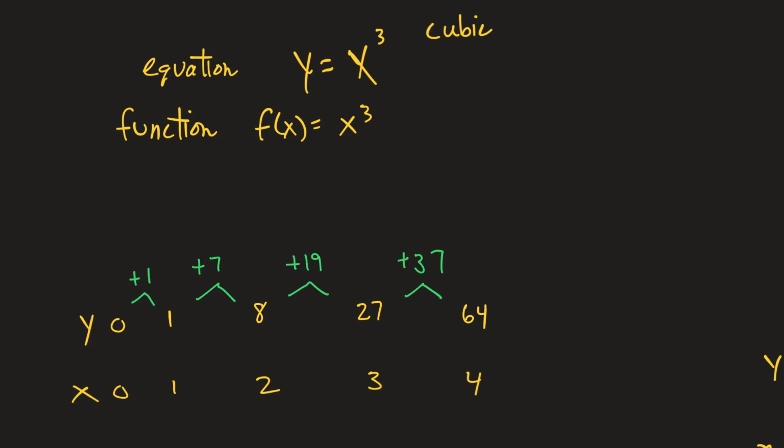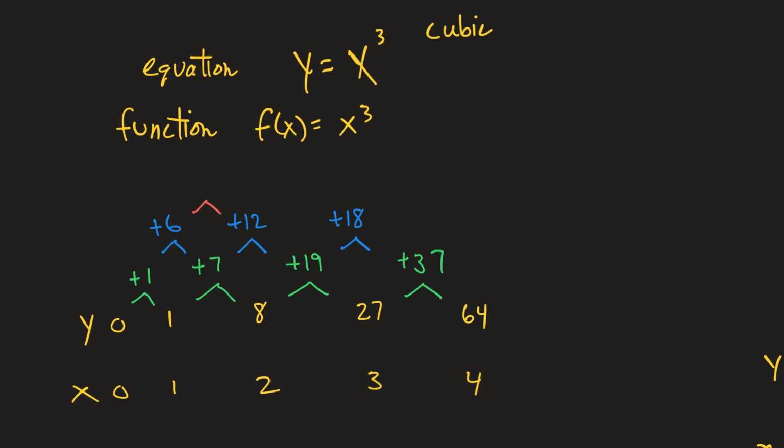Okay, so let's go to the second level. How much did this go up by? That went up by 6. How much did that go up by? That went up 12. And how much did this go up by? That went up by 18. Okay, and then we can do this one more time.